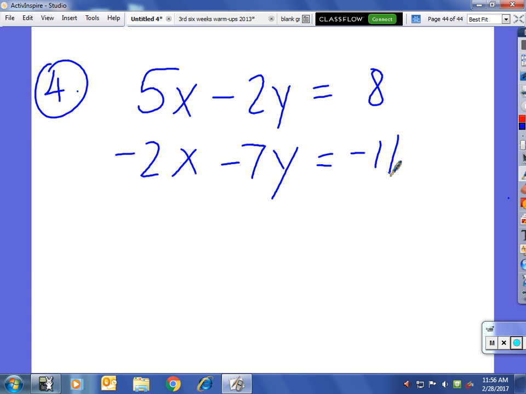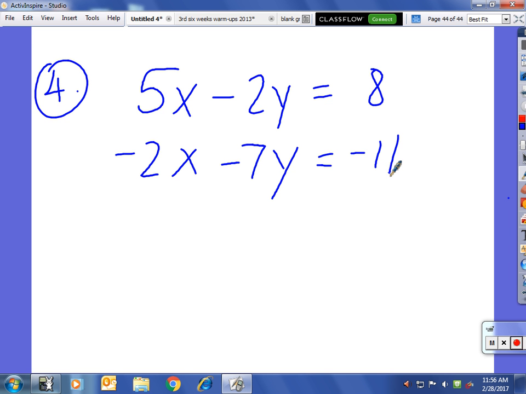You have to find a common multiple of either the x's or the y's. If we want to do the elimination method, we have to force either the x's or the y's to have opposite coefficients. On all the examples we did so far, the y's canceled out. In this problem, it's going to be easier to make the x's cancel out.